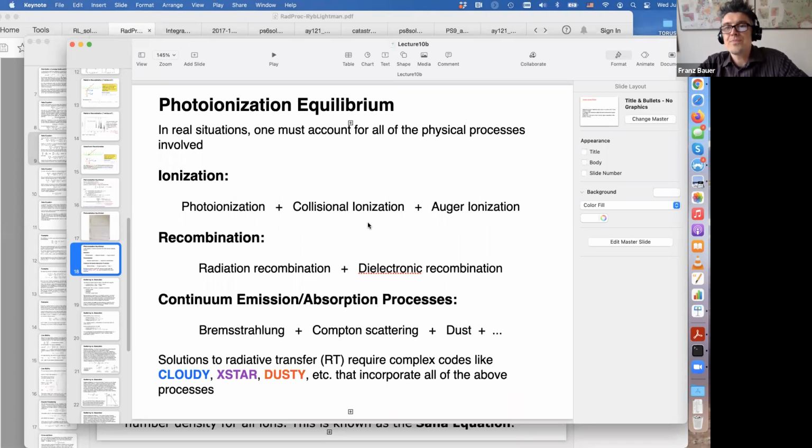And so that's not too bad. But you have to realize what those are, and say, okay, in this physical situation, photoionization dominates over collisional ionization because the densities are very low, right? And so you could compare the cross sections for a given density and say, okay, this thing dominates.